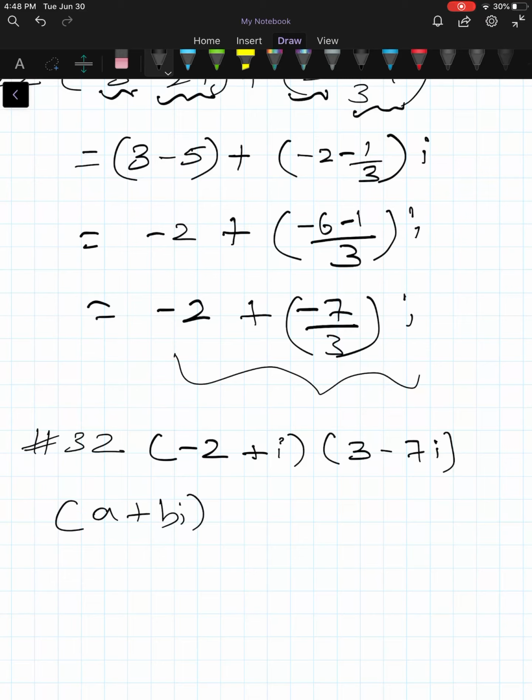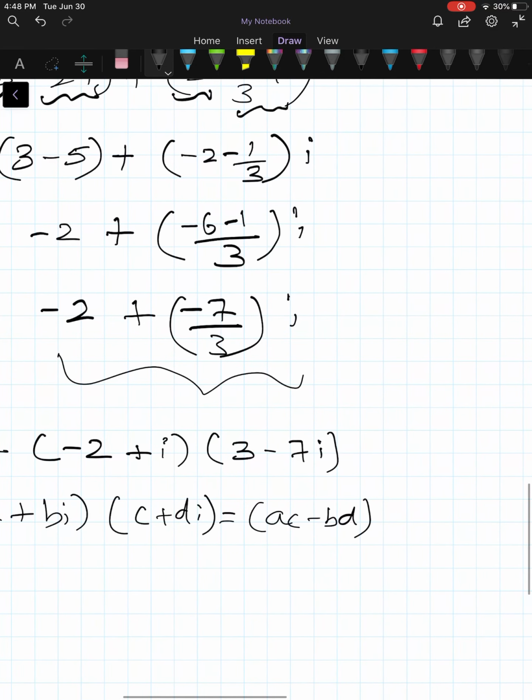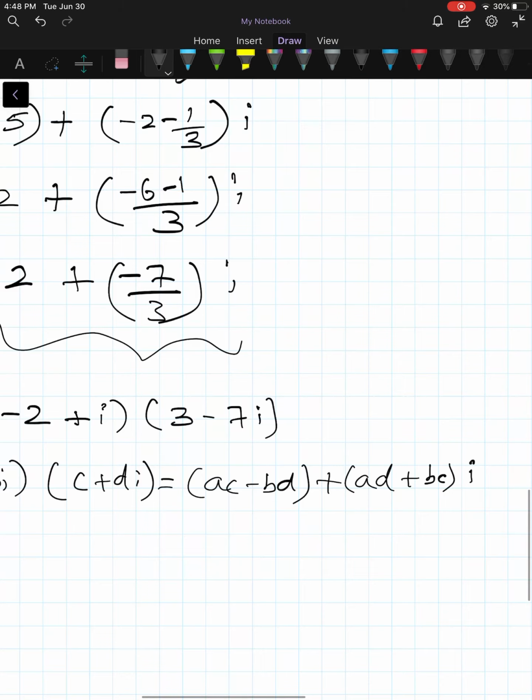So a plus bi times c plus di is nothing but ac minus bd plus ad plus bci.